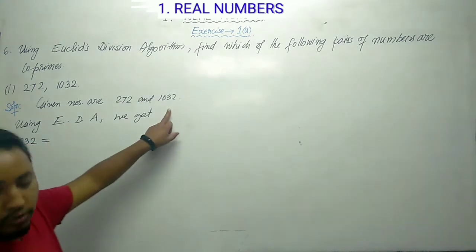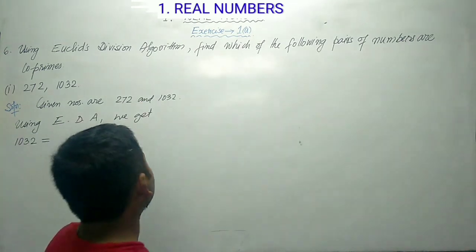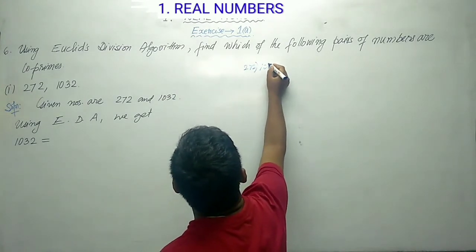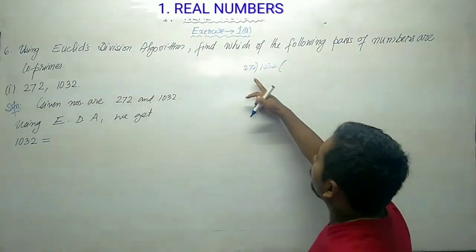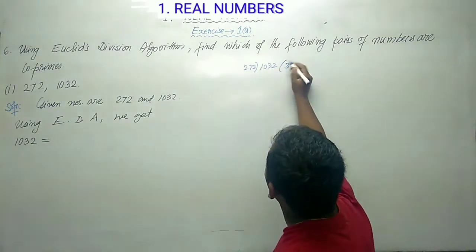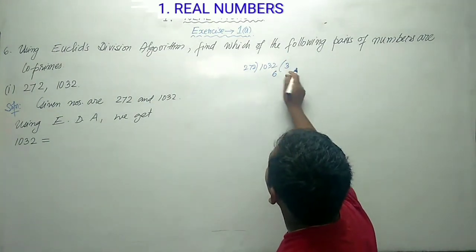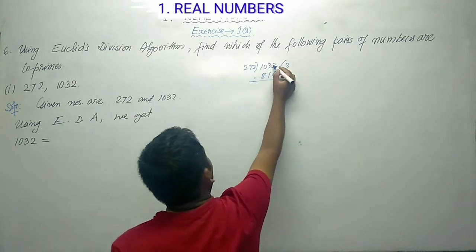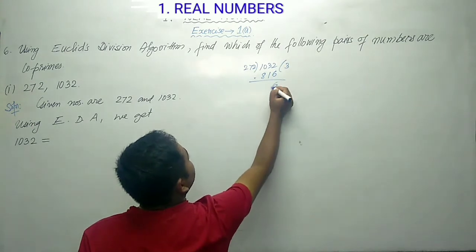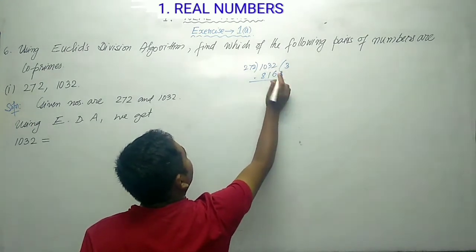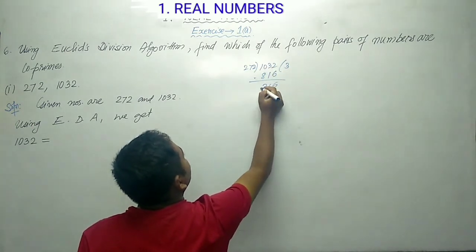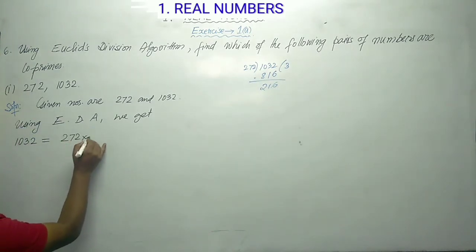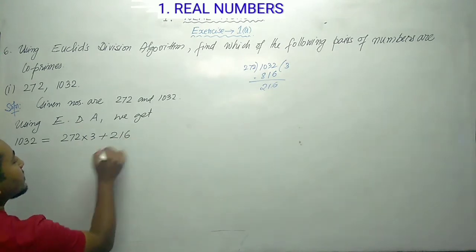Now divide 1032 by 272. 272 3s: 3 2s are 6, 3 7s are 21, carry 2, 3 6s are 18... 3 3s are 6 plus 2, 8. Now let us subtract. 10 minus 8 is 2. So you have 272 into 3 plus 216.